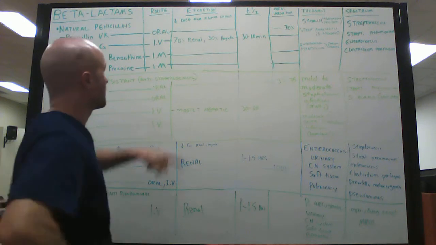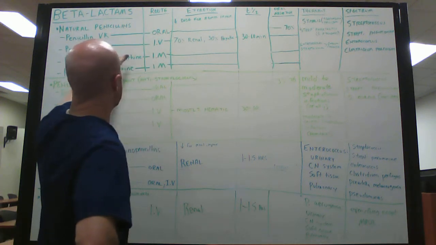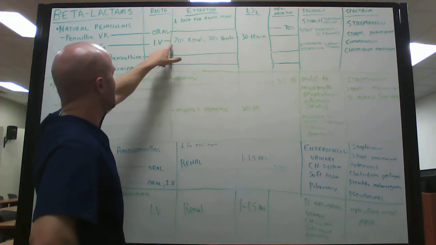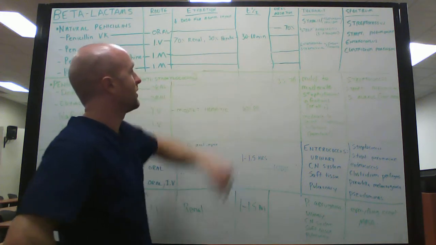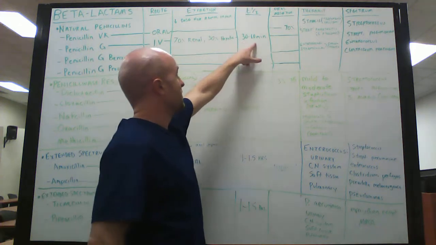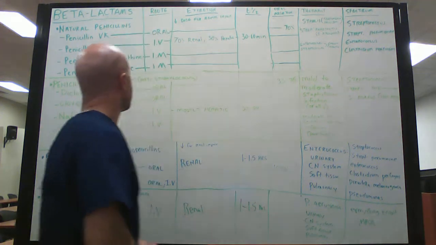Penicillin G is 70% excreted renally and 30% hepatic, or in the liver. And this is the one that has the 30 to 60 minute half-life.